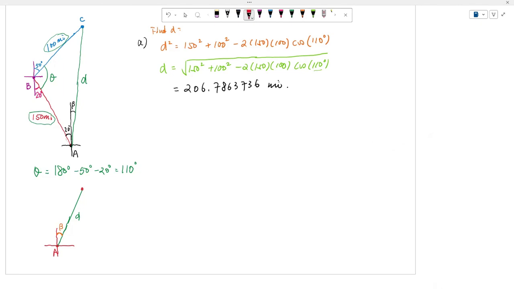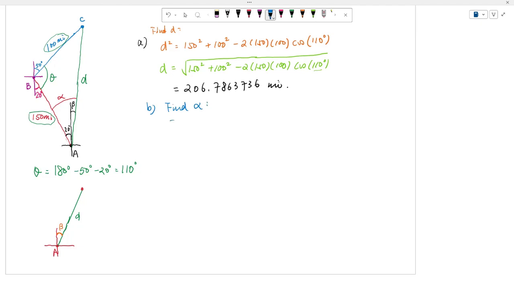Now, if I could find this angle, maybe I call it alpha, then the angle beta will be alpha minus 20, isn't it? So let's see how we work out this problem now. I would like to find the angle alpha.